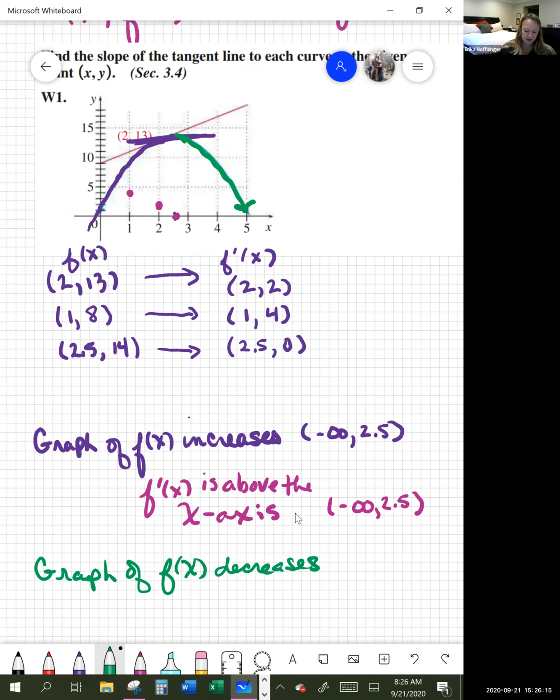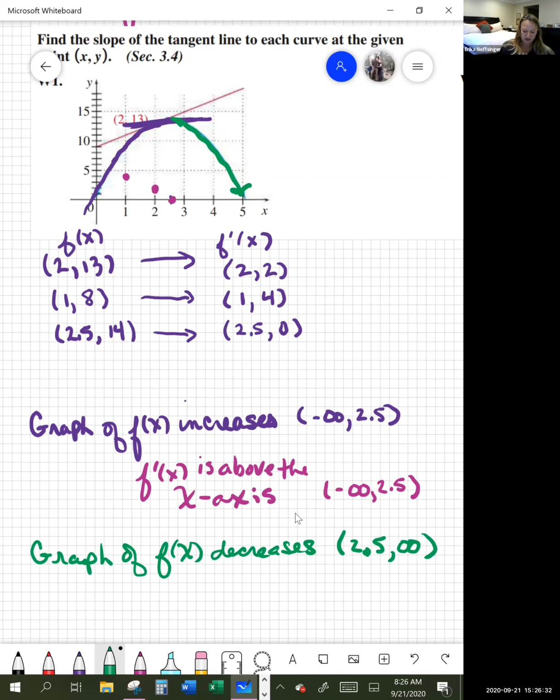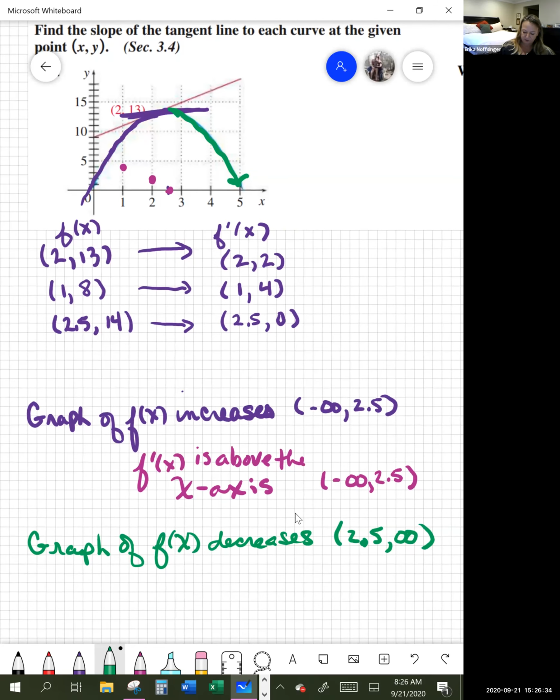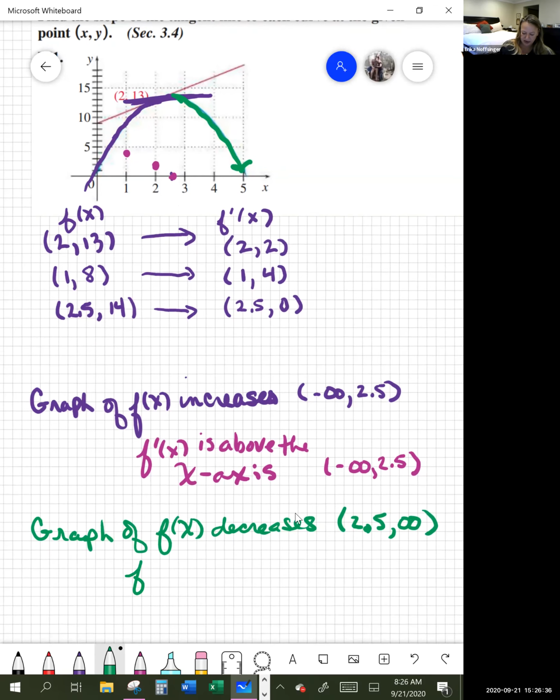It's decreasing when we're doing interval notation, so it's starting at the x value of 2.5, and then it's going forever, so to infinity. And so we know then f prime of x has to be below the x-axis here.